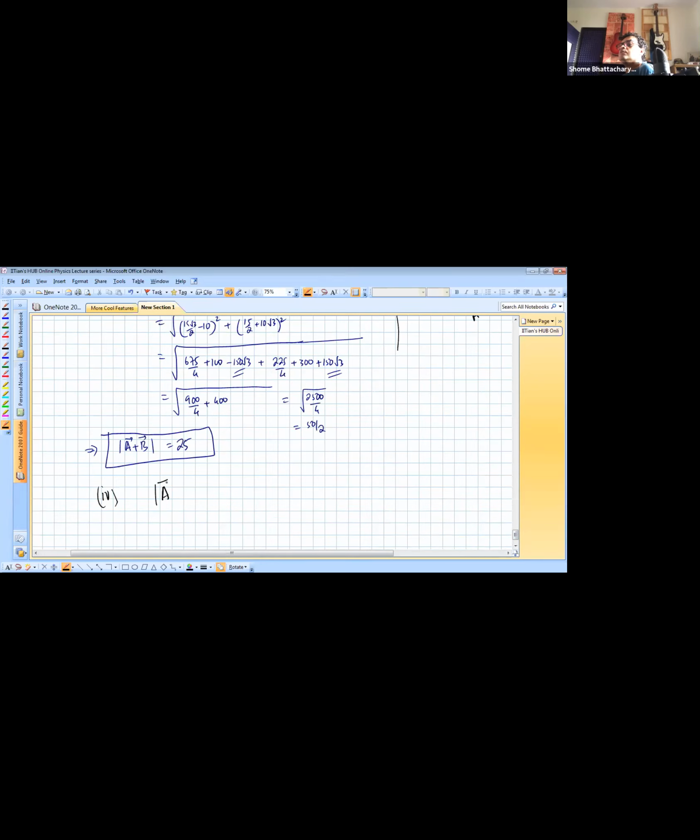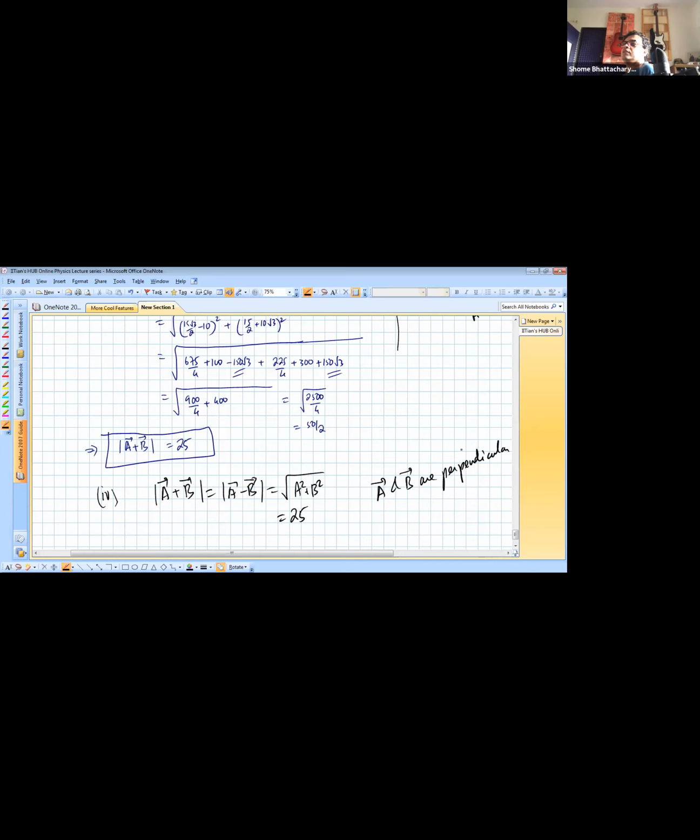Mod of A plus B will actually be equal to mod of A minus B, which will be equal to root of a square plus b square, or 25, because A and B are perpendicular vectors.